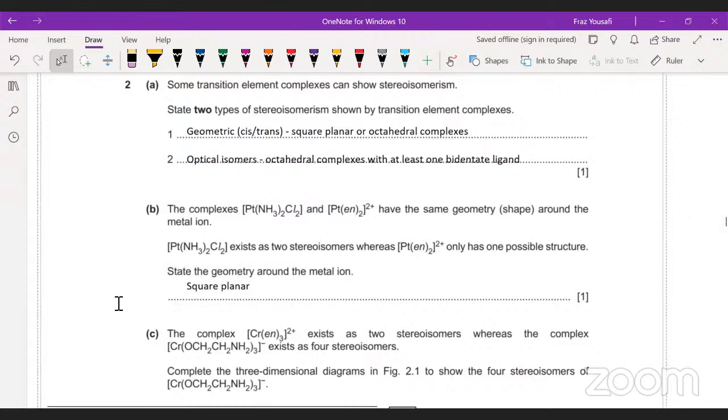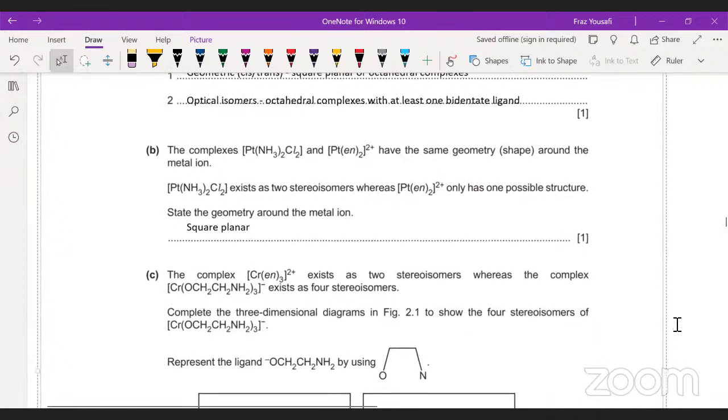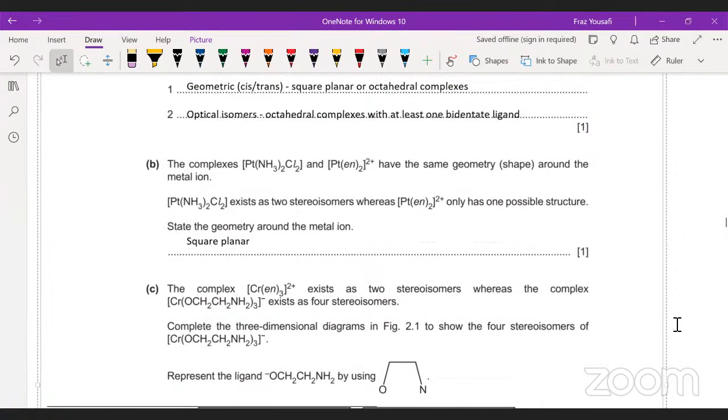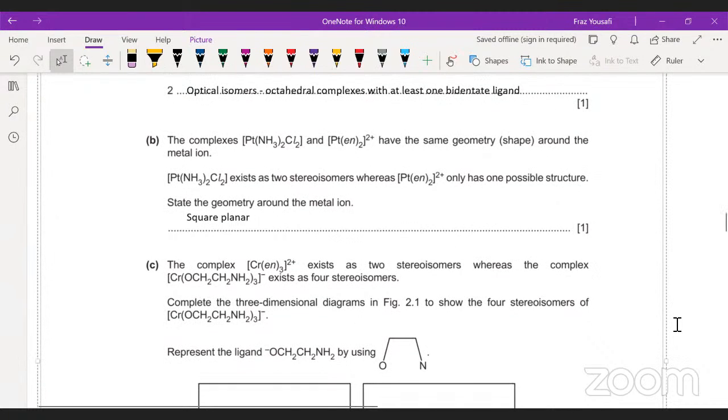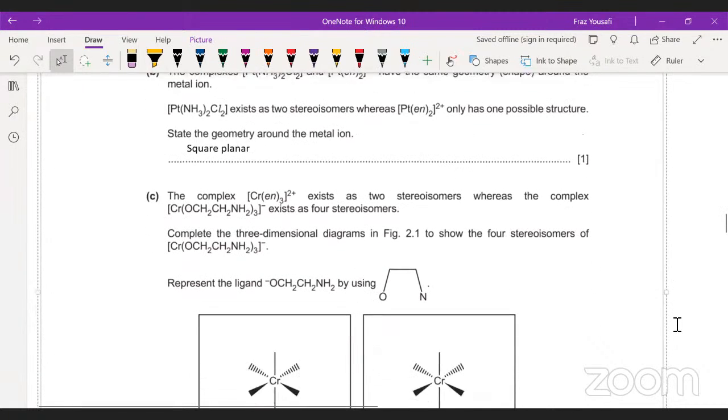The way that I know that it's square planar, you've got four ligands around the platinum ion on the one. You've got two bidentate ligands surrounding the same platinum ion on the second one. The fact that you need to have two different ligands attached to the central transition metal ion at least to form cis-trans is where we get the understanding that it has to be square planar, and why you wouldn't see any cis-trans isomers when you have the platinum with the bidentate ligand.